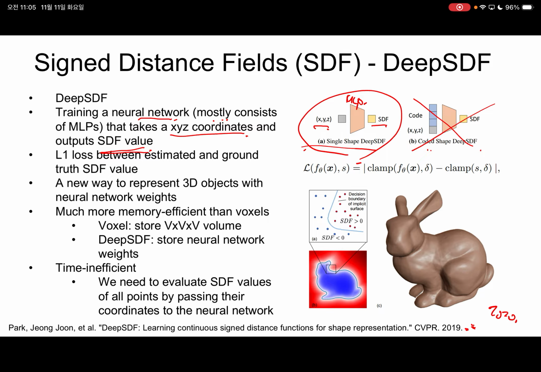And then, assuming we have ground truth 3D geometry, we can train the neural network with this loss function. This is the output, and this is the ground truth. We can easily get ground truth SDF if we have the 3D object geometry.